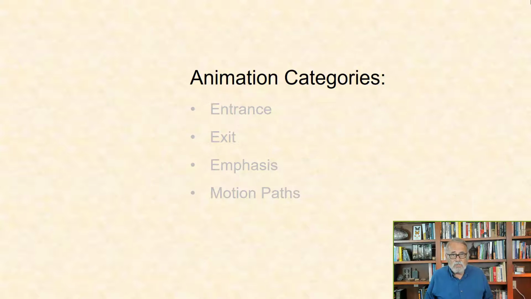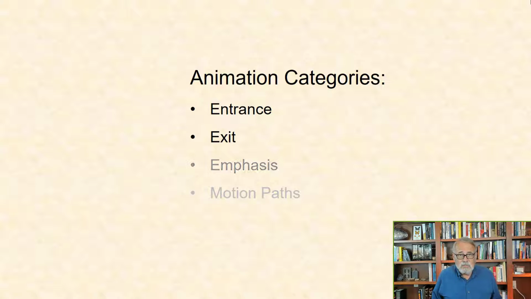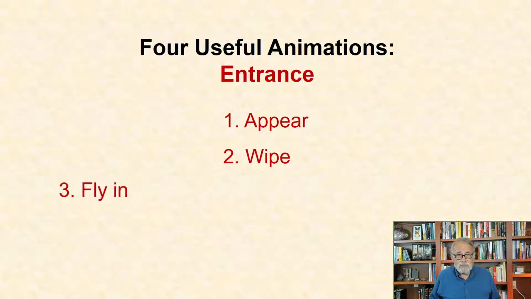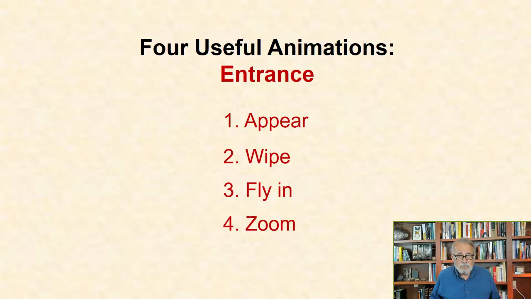As noted in an earlier module, there are 4 PowerPoint animation categories, including entrance, exit, emphasis, and motion paths. Here I illustrate each of these categories with 4 selected examples within each category. The animation concept will be illustrated using the animation itself. 4 examples of content entrance include appear, wipe, fly in, and zoom.